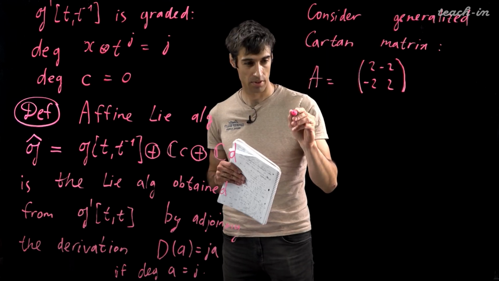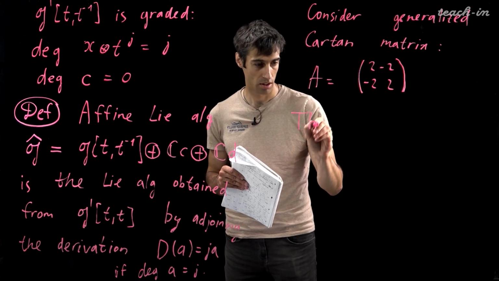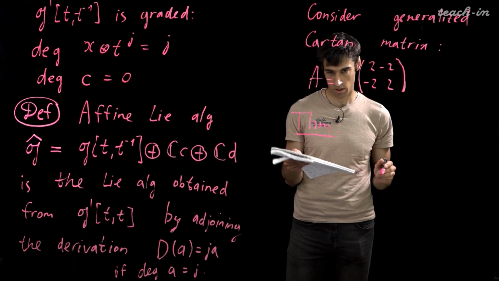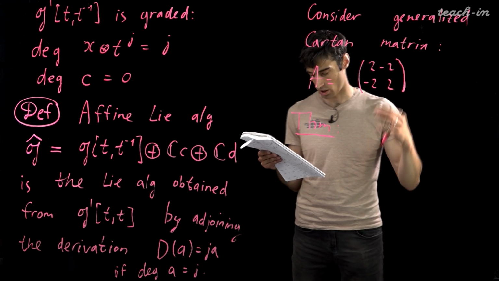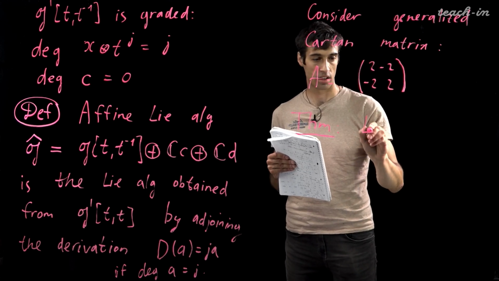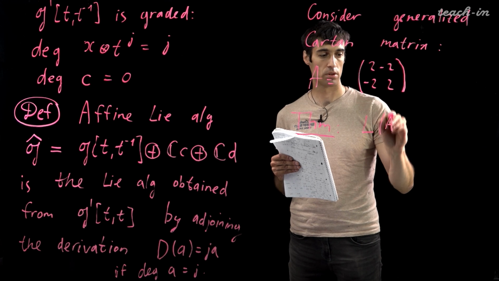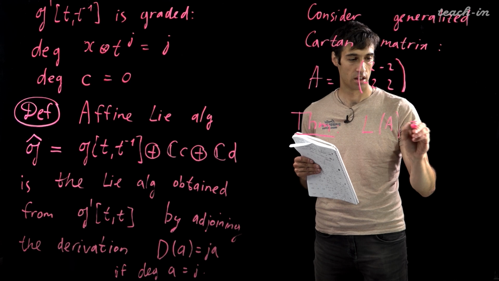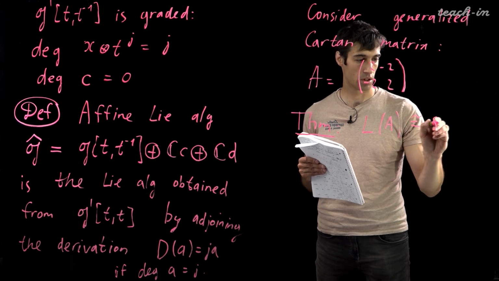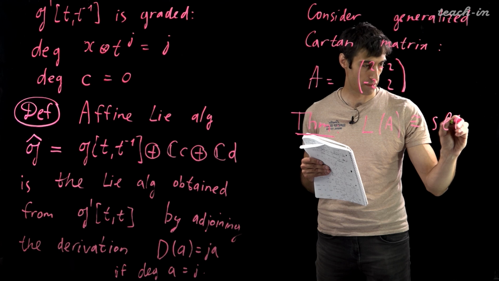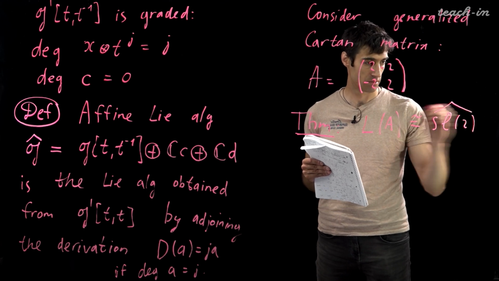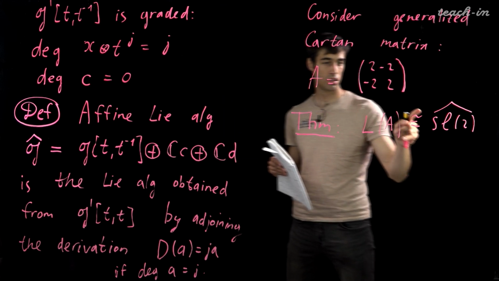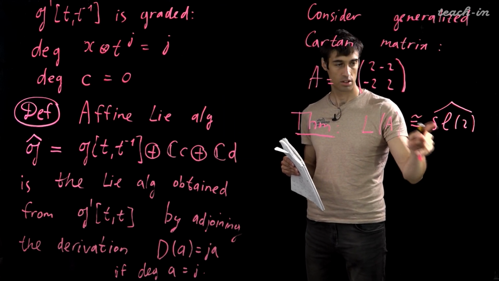And the theorem that I would like to prove, because we'll see the construction of how everything works, is that the Kac-Moody Lie algebra corresponding to this generalized Cartan matrix is isomorphic to affine SL2. Right? So in all our constructions that we introduced, take G to be the simple Lie algebra SL2.